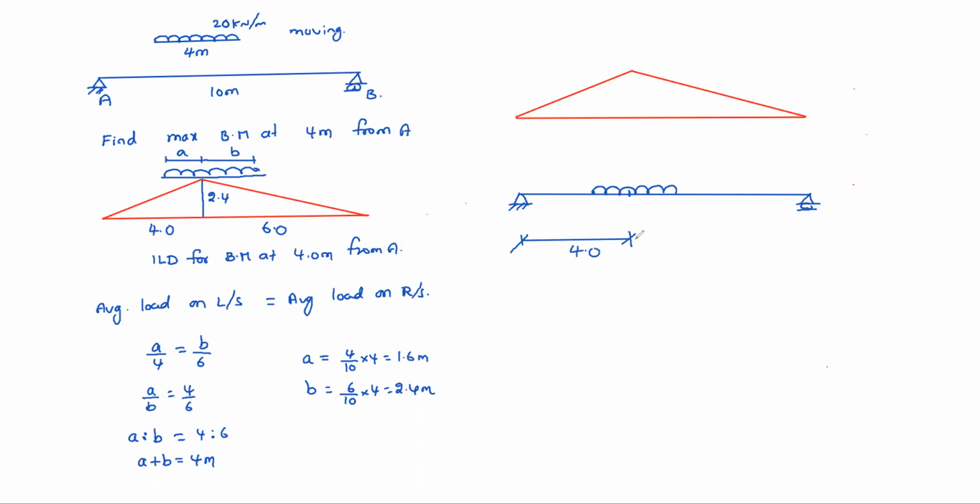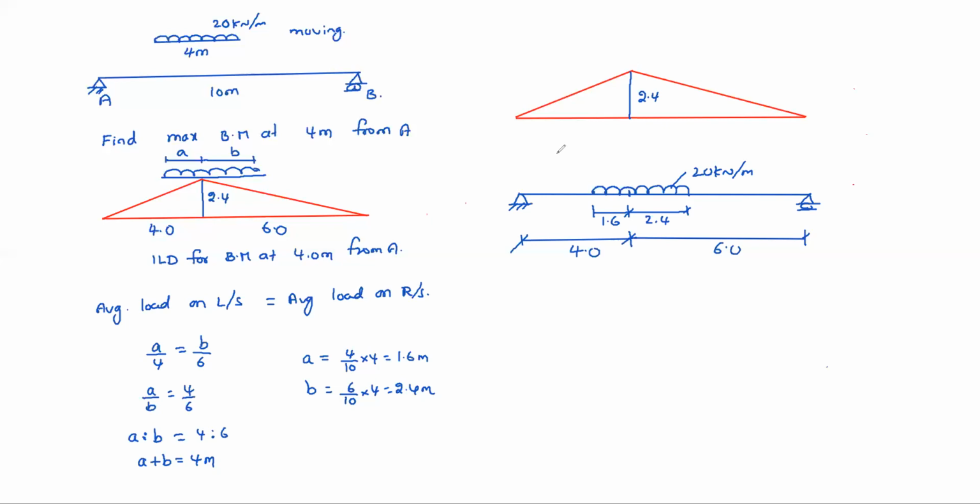This is 4 meters, this is 6 meters. Here we need to keep the load like this. Left side 1.6, right side 2.4. So accordingly, we need to find ordinates here. Central ordinate we know, that is 2.4.